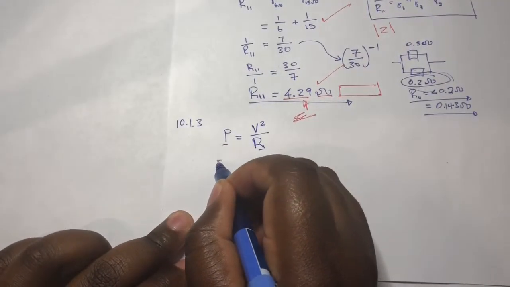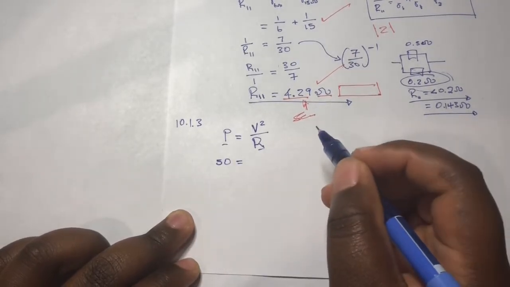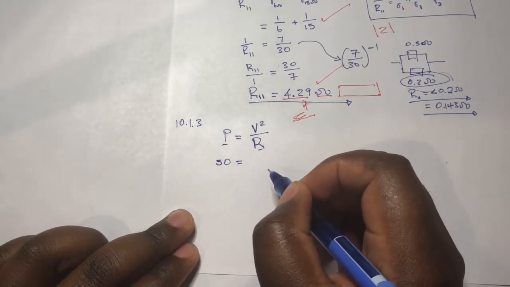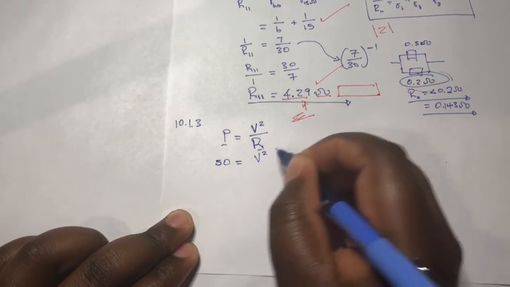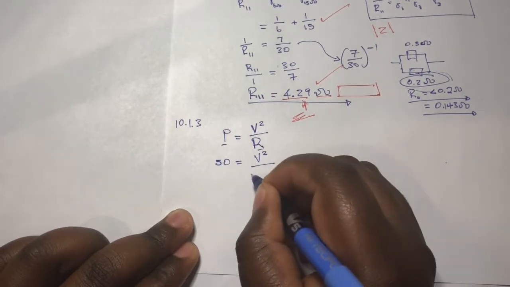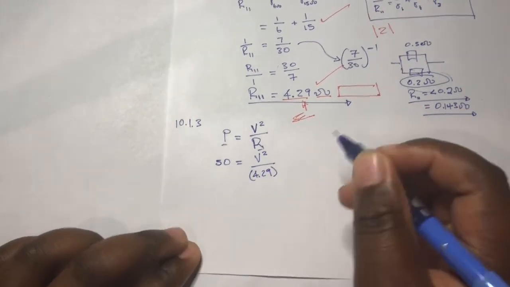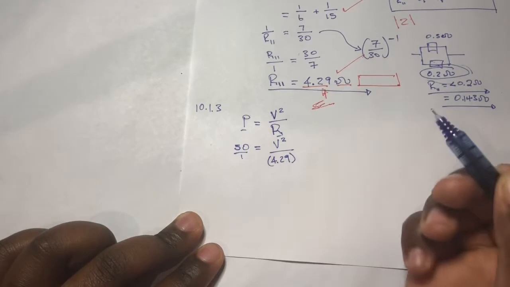So okay, we've got 50, which is the power dissipated in the parallel combination. It's equal to V squared over R, which I've just calculated. So I just cross multiply. This is 50 over 1.